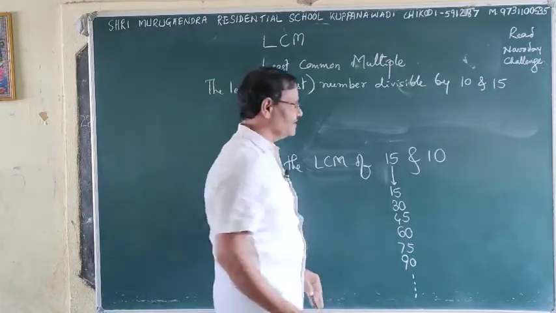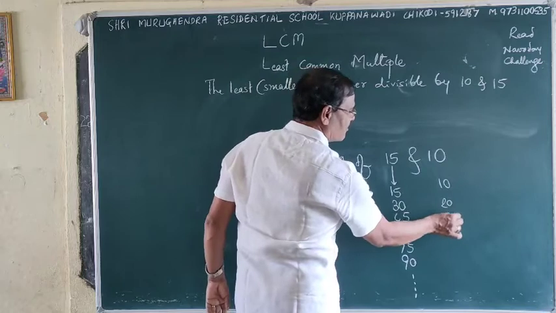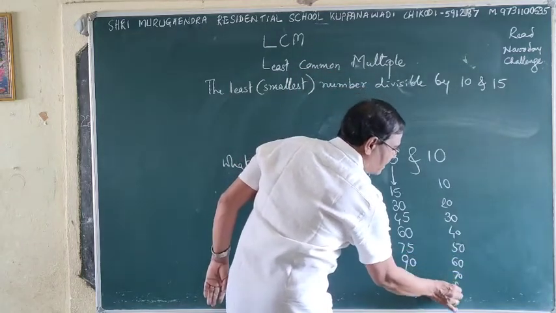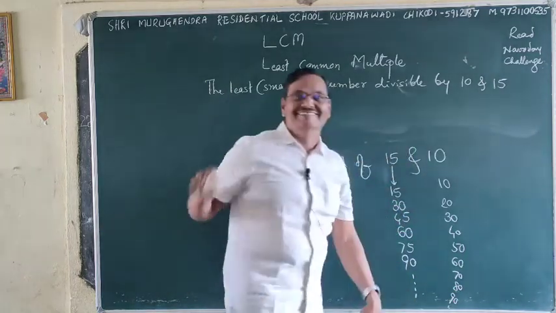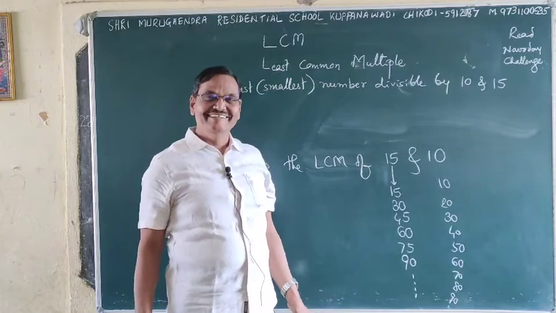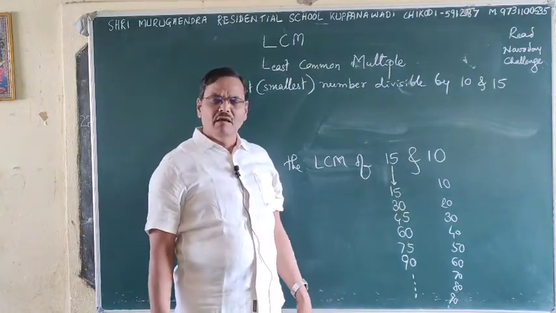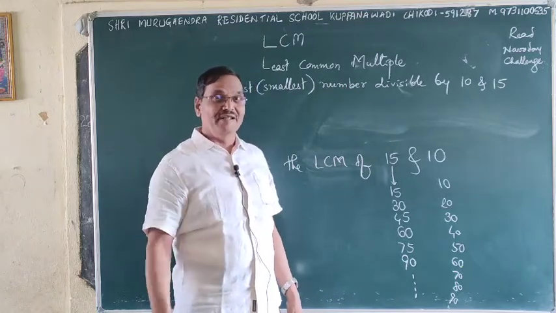So for 10 also: 10 ones are 10, 10 twos are 20, 30, 40, 50, 60, 70, 80, 90 and so on. Then after writing the multiples, how are you finding the least number?